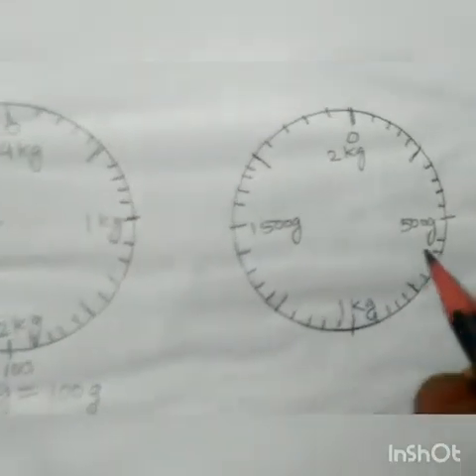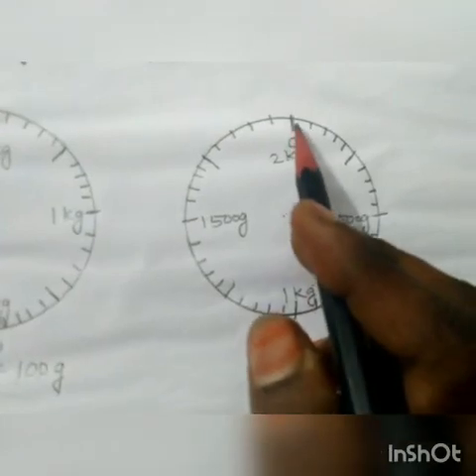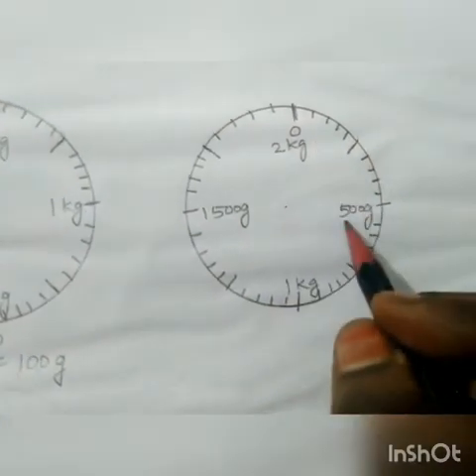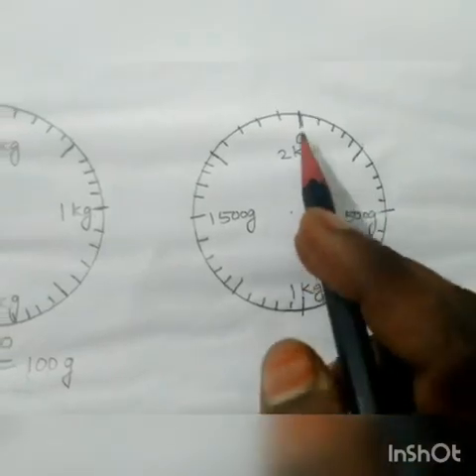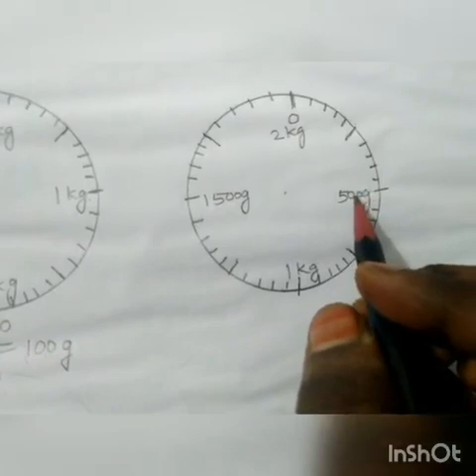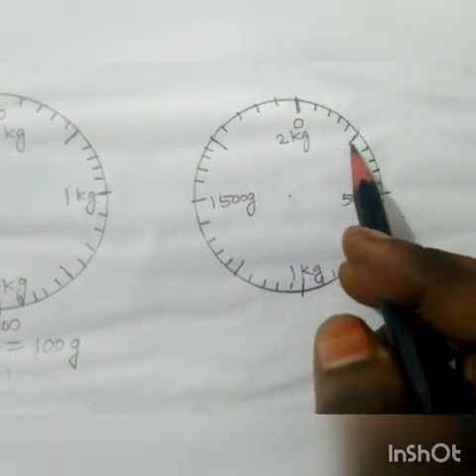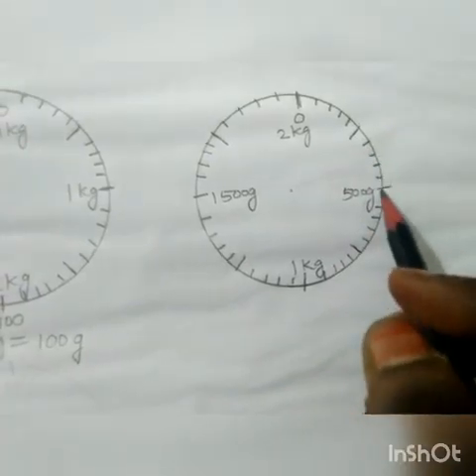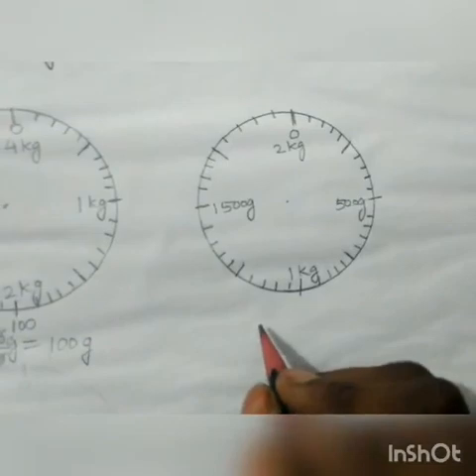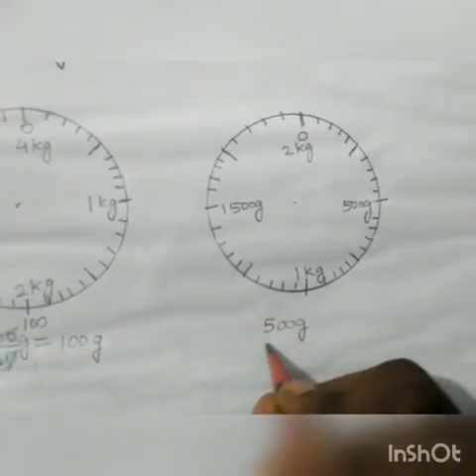Look here. In this weight machine it starts from 0 and the number represented after 0 is 500 gram. From 0 to 500 gram, how many lines are there? 1, 2, 3, 4, 5, 6, 7, 8, 9, 10. So here from 0 to 500 gram 10 lines are there. So we have to divide 500 gram by 10.